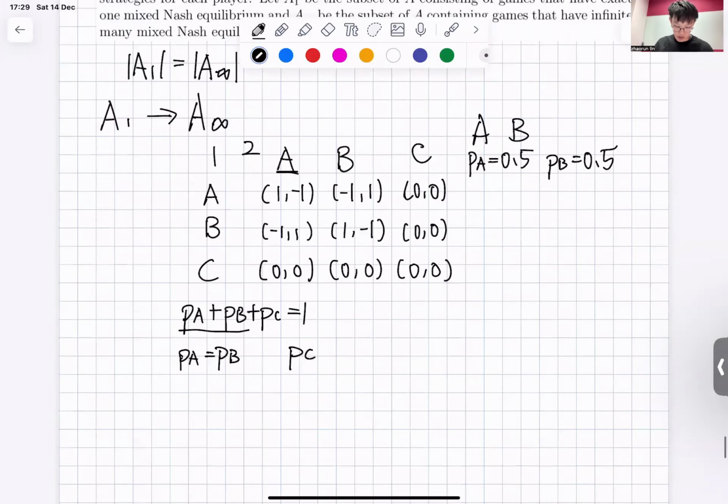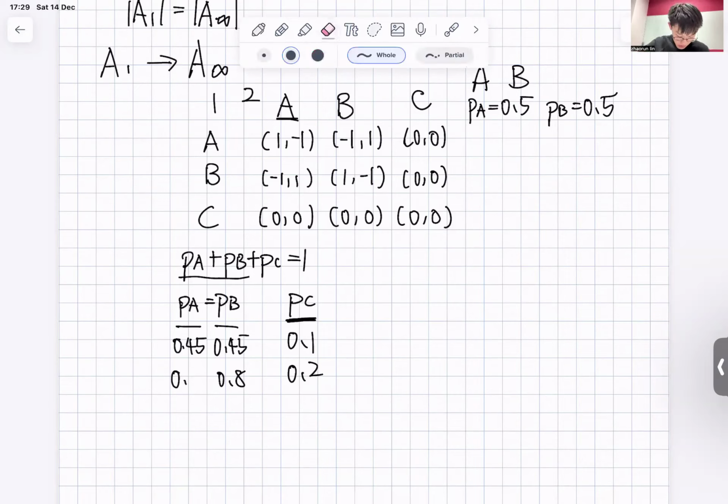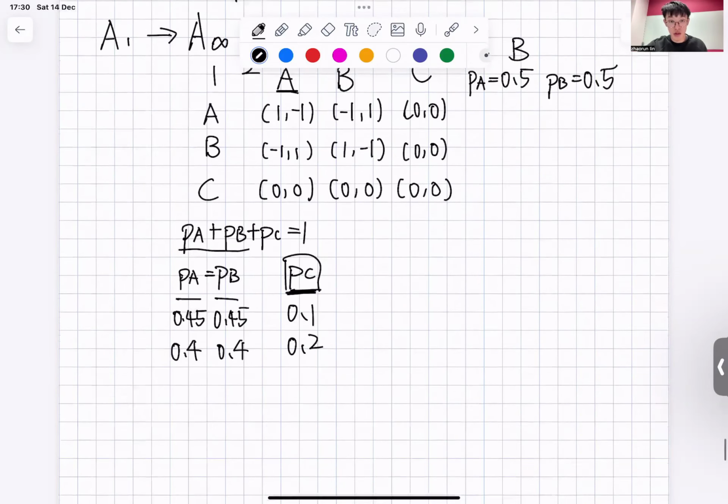So for example, we can set PC to be 0.1, then PA and PB will be 0.45. If PC is 0.2, then the probability for A and B is 0.4. So you can see that we have infinitely many mixed Nash equilibria here, because there's one more strategy.